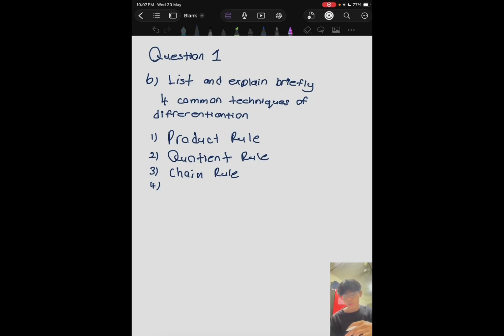To solve this smoothly, we introduce a new variable, usually u, to represent the inner function.